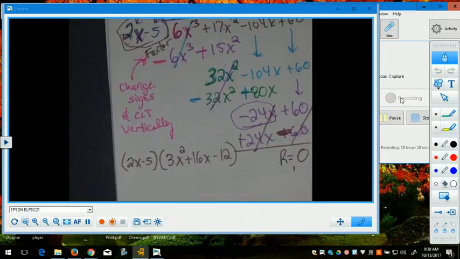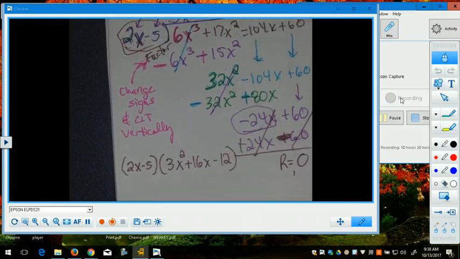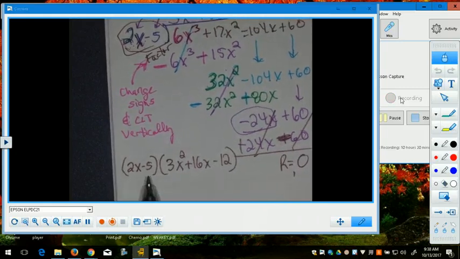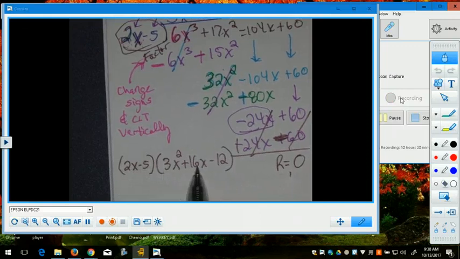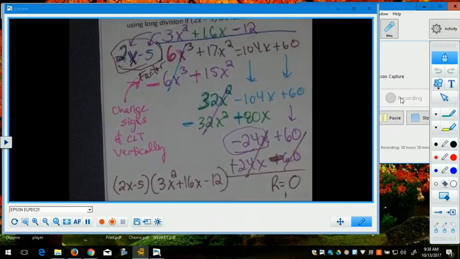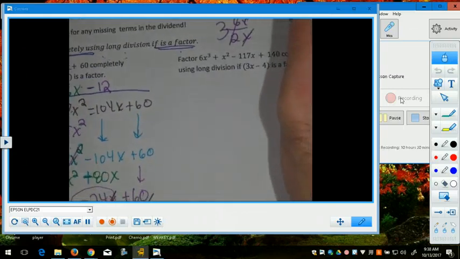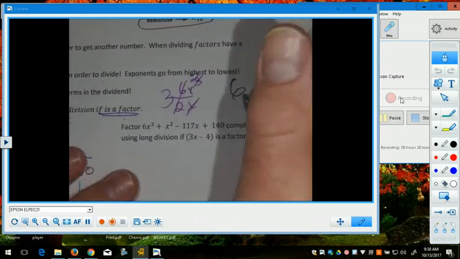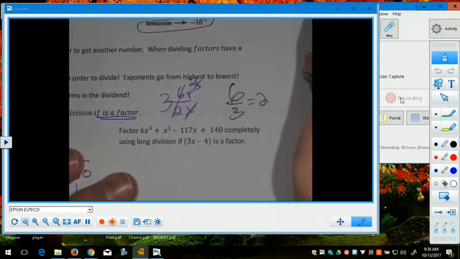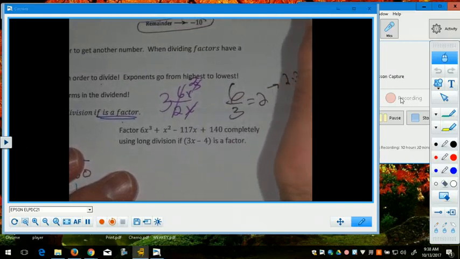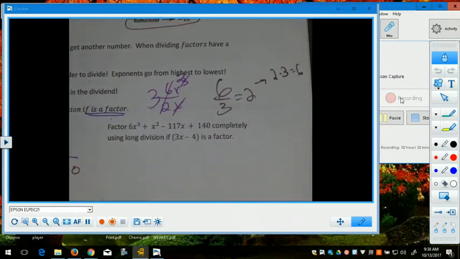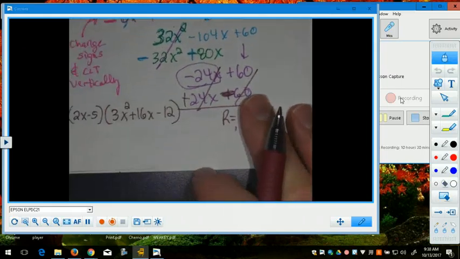That is our original dividend, but I've factored this out, and so the dividend is written as the product, this times this. Just as if I were to divide 6 by 3 is 2, because 2 times 3 is 6. Okay, those are factors of 6.